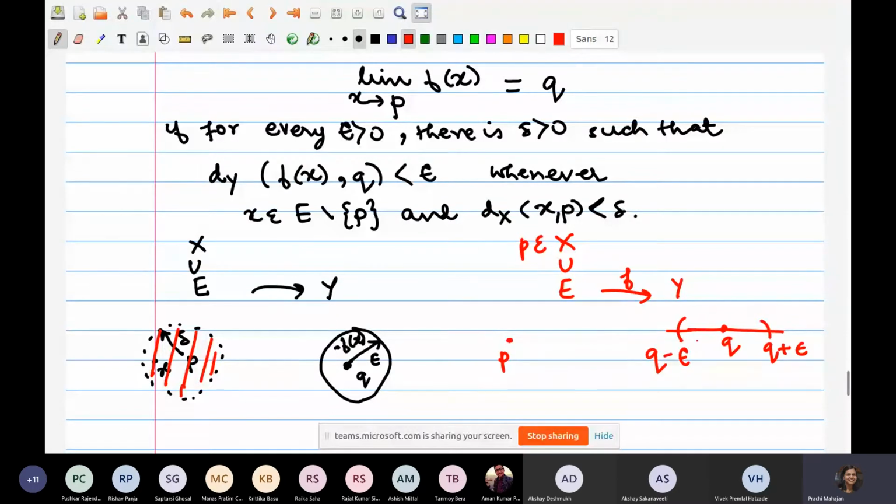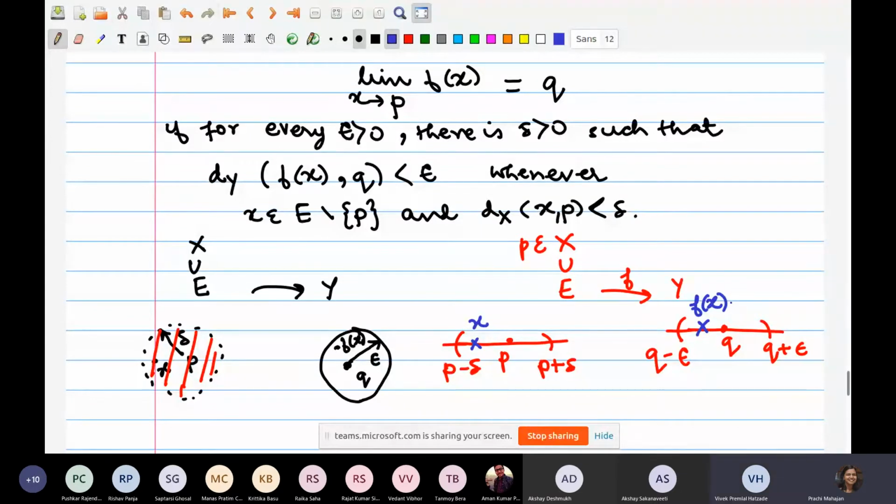So if corresponding to this epsilon, you can find a delta such that if you look at this delta neighborhood around the point P, an interval on the real line, and you pick any point in this delta neighborhood, I'm denoting this point A, any point x in this delta neighborhood of the point P is mapped via f into this epsilon neighborhood of the point Q. And if for every positive epsilon you manage to find a corresponding delta such that for all x in this delta neighborhood of the point P except the point P itself, they are mapped via f into the epsilon neighborhood of the point Q, then we say that the limit of the function f exists and equals Q. Is that any better now?